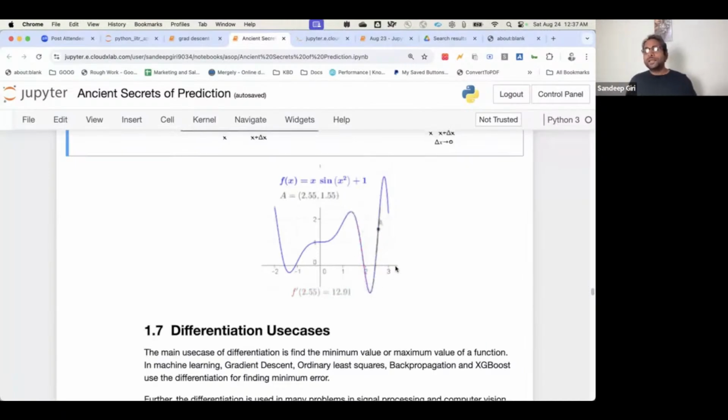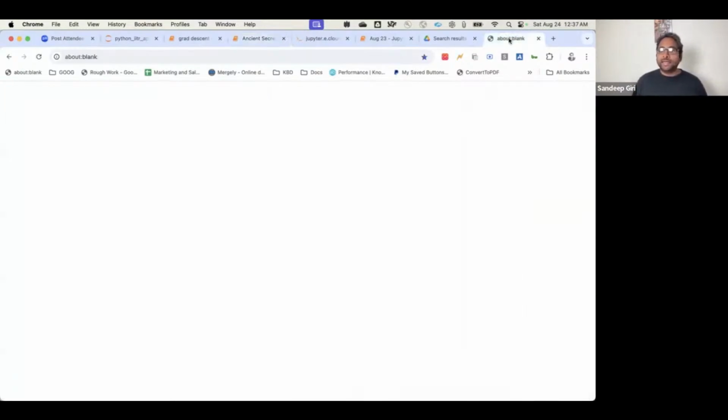So the general strategy is, let's say I ask you a simple question. You are given this function, y is equal to, let's say, 10x square minus 6x. Okay.